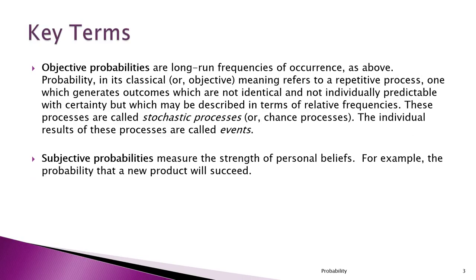The definition of the probability of an event that we just saw is an objective probability. It's the classical mathematical definition of the probability of an event as the long-run frequency of occurrence of a particular event. On the other hand, a subjective probability is the kind of probability we might use in ordinary conversation that's not based on mathematics, and it measures the strength of our personal beliefs.